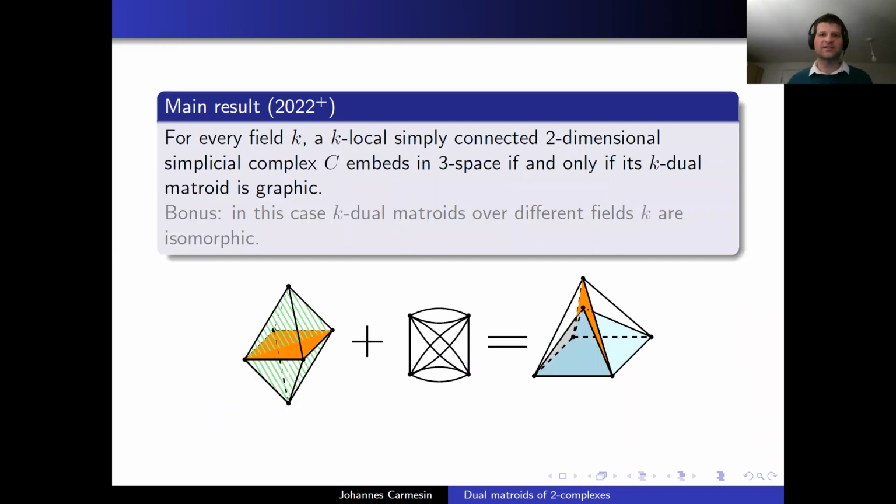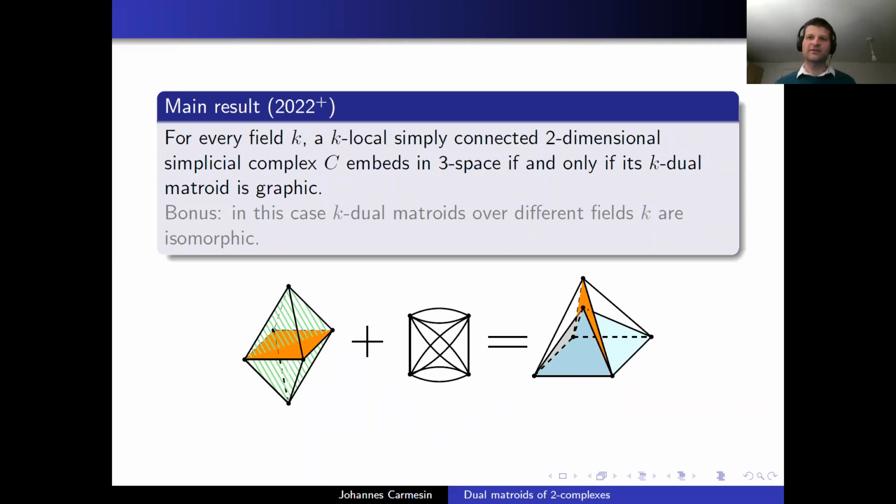And actually, that's true. So this is the problem stated as a theorem: you fix your favorite field K, and you have a local simply connected two complex. It embeds in 3-space if and only if the dual matroid is graphic.